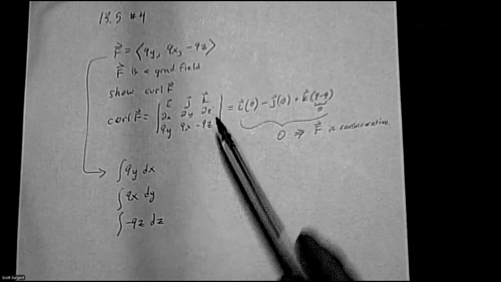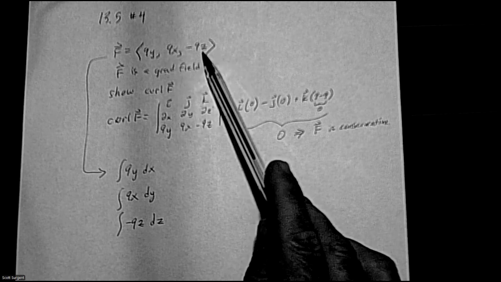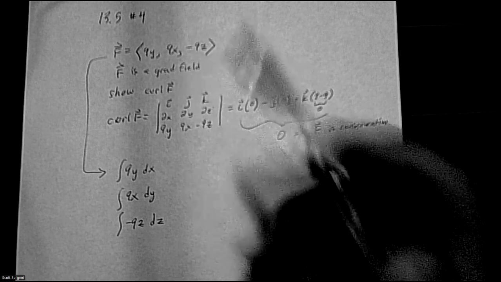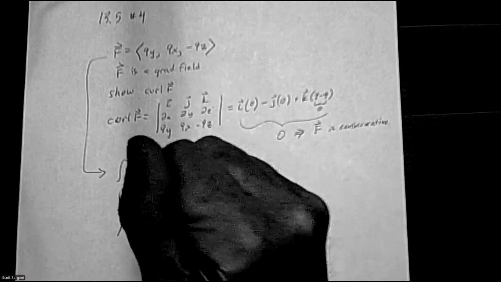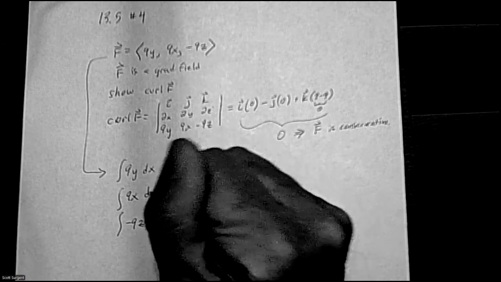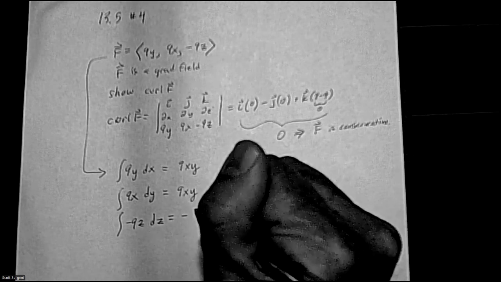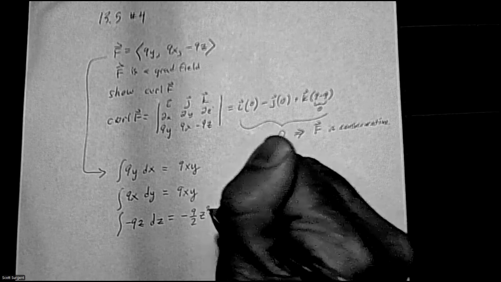I take the first component with respect to x, the second component with respect to y, the third component with respect to z. When I integrate the first one, 9y with respect to x, I get 9xy. The second one, I get 9xy. The third one, I get negative 9/2 z squared.